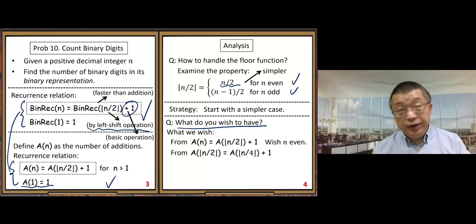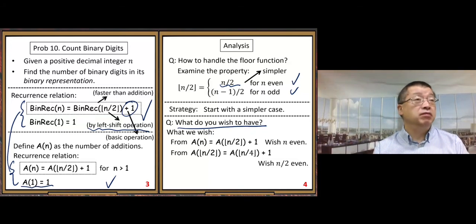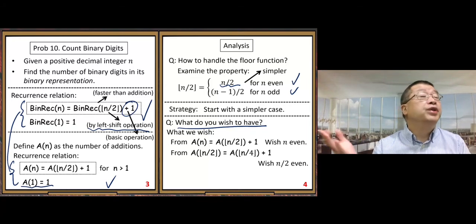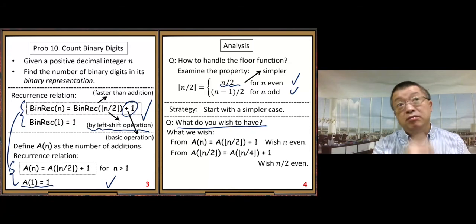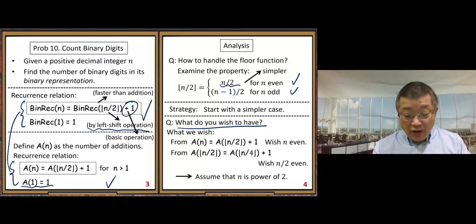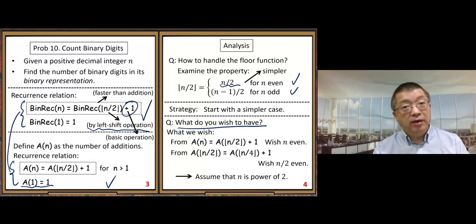But we need to do the second round division by 2, floor function. This time, we wish n over 2 is even. Then n over 4, we do not have the fractional part, right? That's the best case scenario. And so on, all the way down to the bottom.